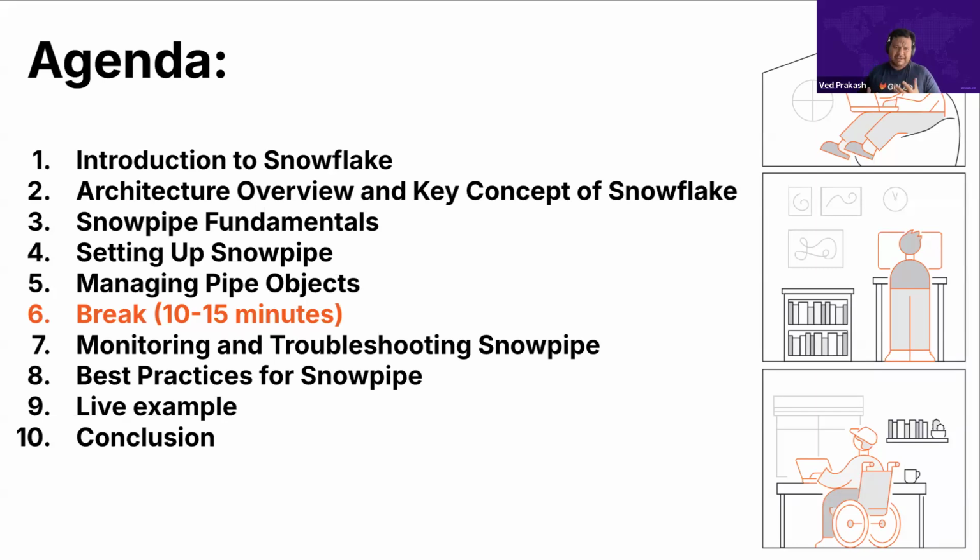Then we take a break, and if we have energy, we proceed further because the rest of the parts are very small. That's the monitoring and troubleshooting of Snowpipe, best practices for Snowpipe, which I share from my experience at GitLab, and a live example of how the data looks once you set up all this Snowpipe and how fast it comes, followed by the conclusion.